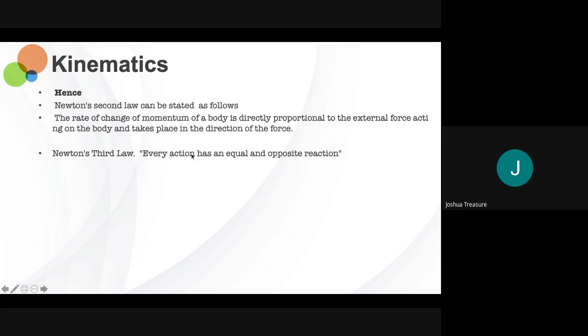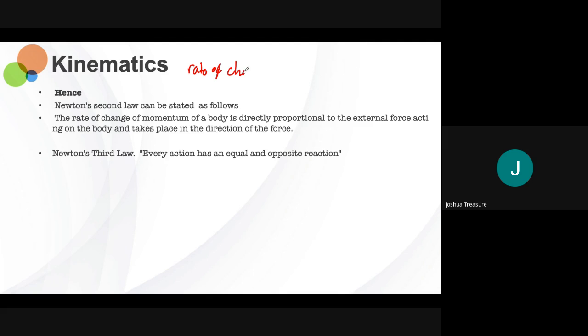Hence Newton's second law can be stated as follows. The rate of change in momentum of a body is directly proportional to the external force acting on the body and takes place in the direction of the force. Because of this, rate of change means a change in a particular time. Anytime you see rate of change, it has to do with time.